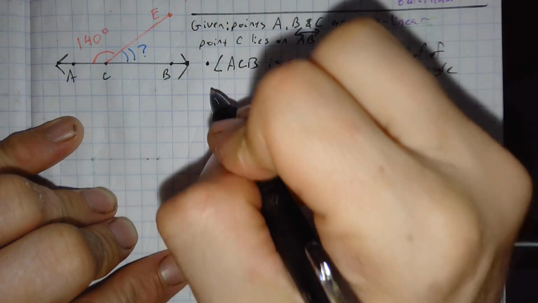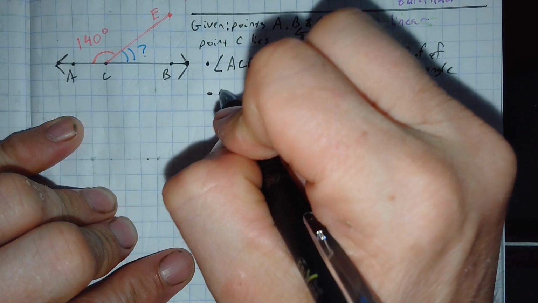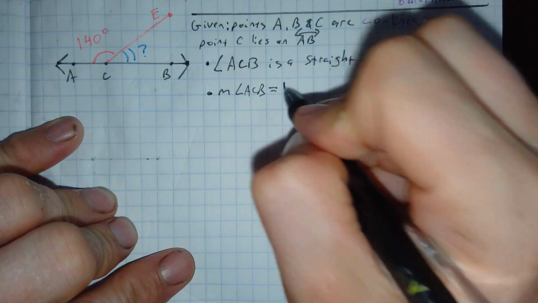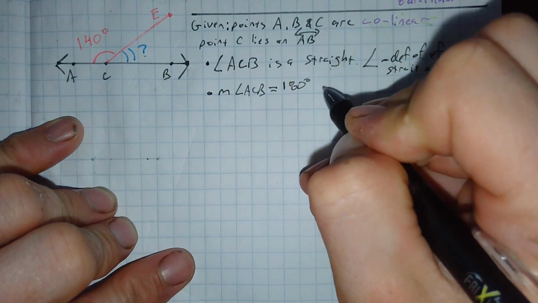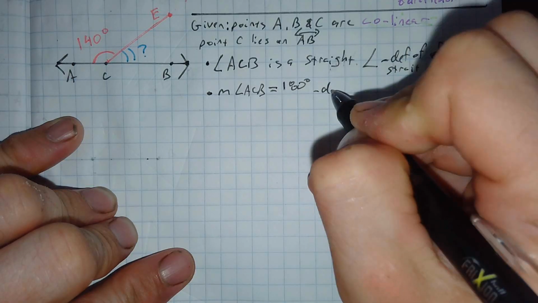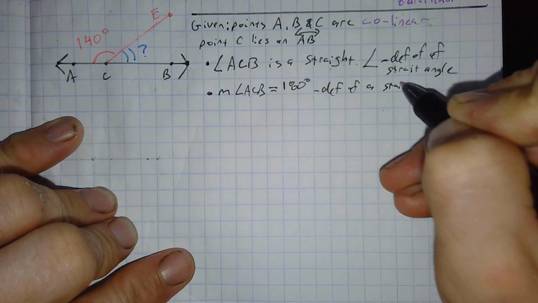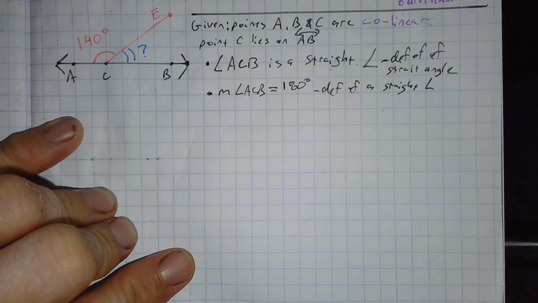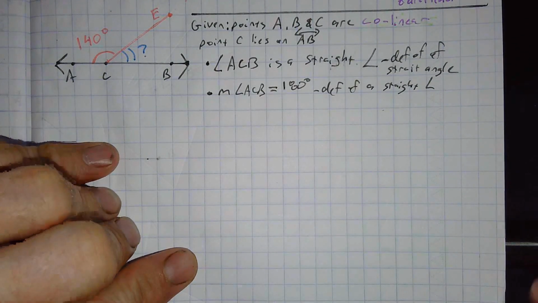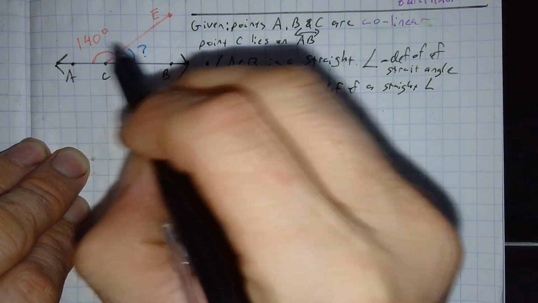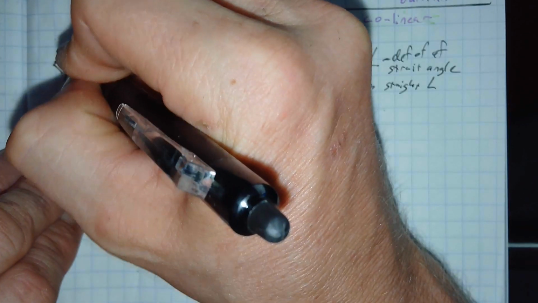And because of that, I can say that the measure of angle ACB equals 180 degrees, and that's because of the definition of a straight angle. Okay, so I've already established that from here all the way to here is 180 degrees.